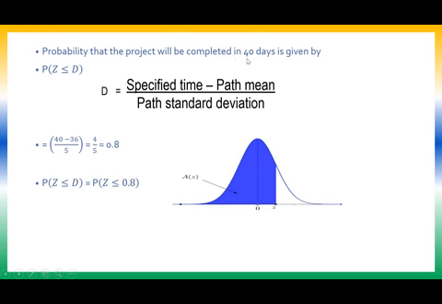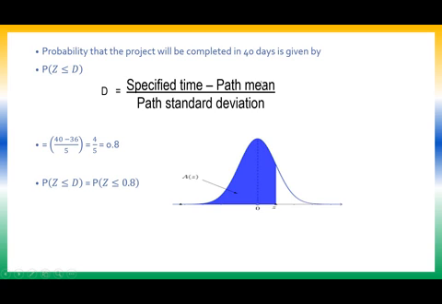So the probability that the project will be completed in 40 days is given by P of Z less than or equal to D. We know the formula for the standard normal variate: specified time minus path mean divided by path standard deviation. Specified time, what is the duration they have specified in the problem? 40.